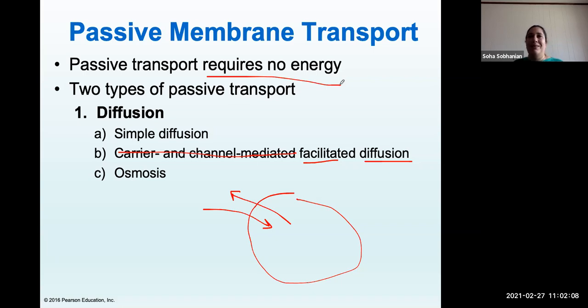If it's sodium, potassium, calcium, chloride, anything, oxygen, carbon dioxide, if it's anything other than the water, then it's either simple or facilitated diffusion. If it's water diffusion, it's called osmosis. Make sense, guys?